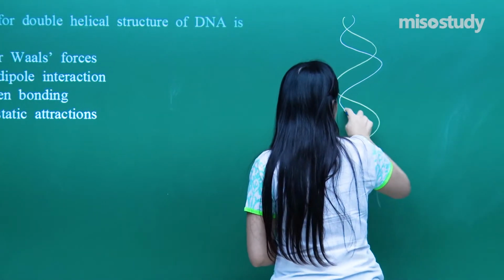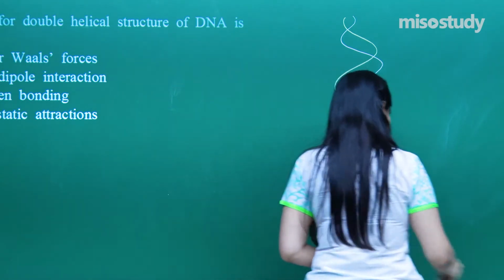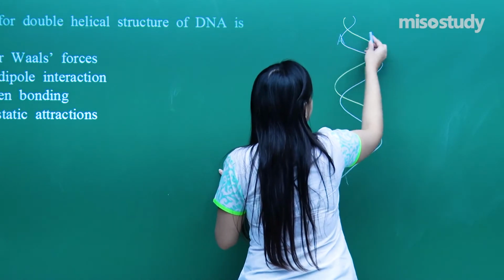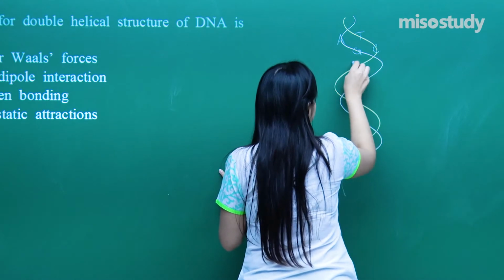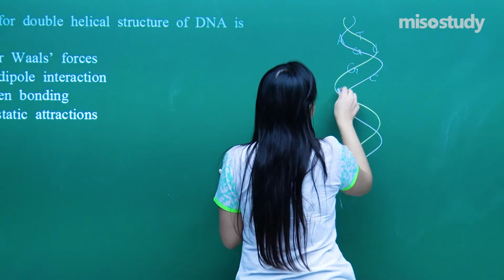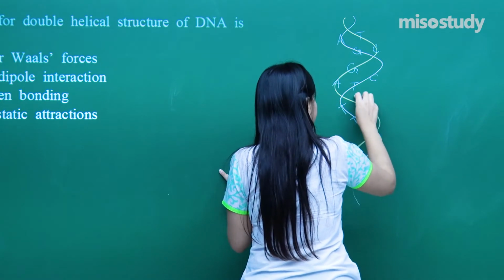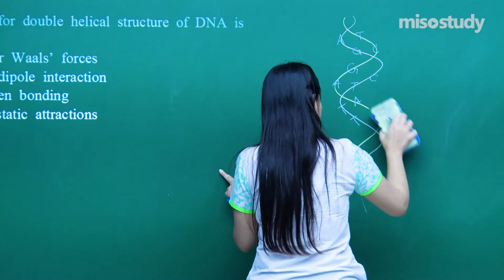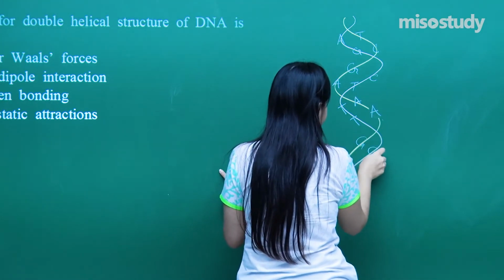Something like this. So, that is what the double helical structure is, and I need to have some bases in between: A connected with T, G connected with C, G connected with C, A, T, T, T, A, G, A, sorry, it would be A, and so on.